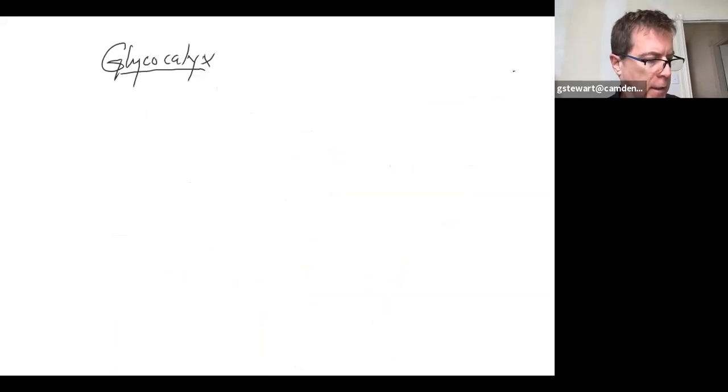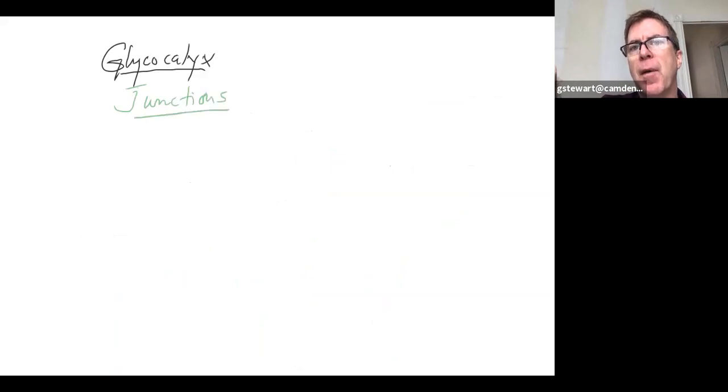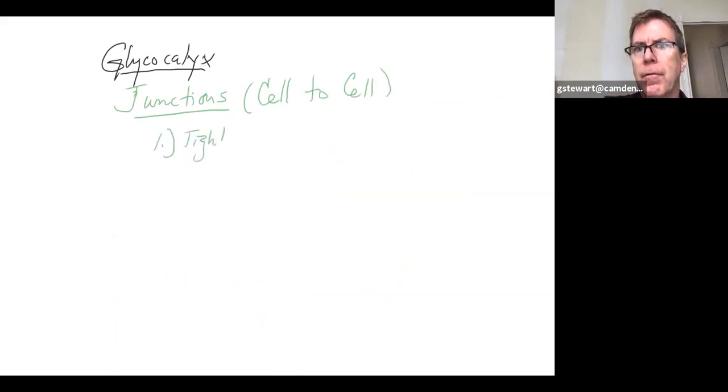So there's different types of cellular junctions as well, and they all take place within the plasma membrane, and this is from cell to cell. Tight junctions, just like the name says, create a very, very tight connection from cell to cell.